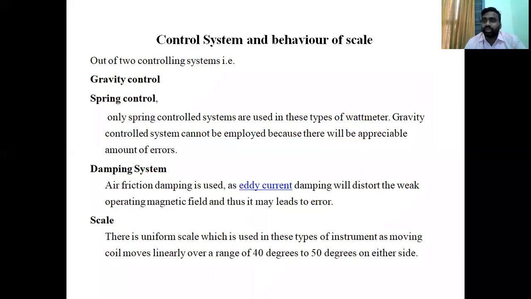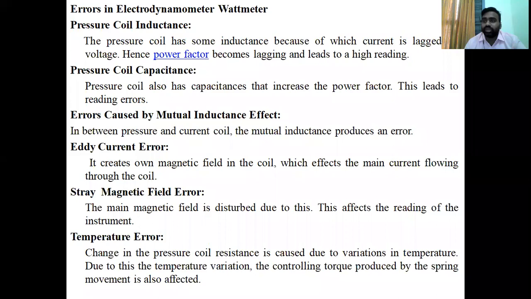And we analyzed various types of errors: pressure coil inductance error, pressure coil capacitance error, errors due to mutual inductance, errors due to eddy current, error due to stray magnetic flux, and temperature error. And next we have seen advantages and disadvantages. Thank you everyone.